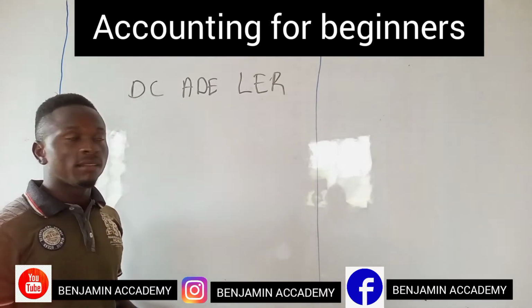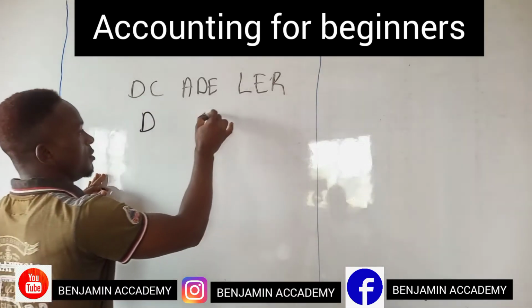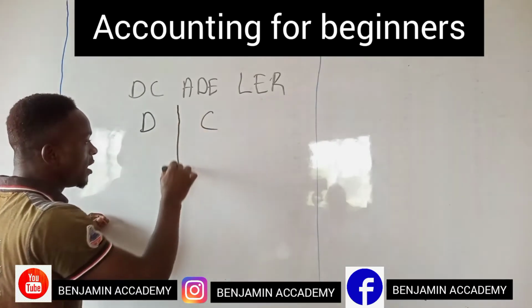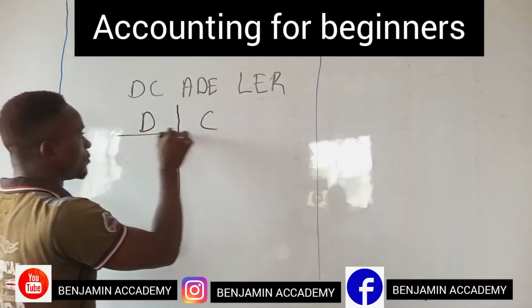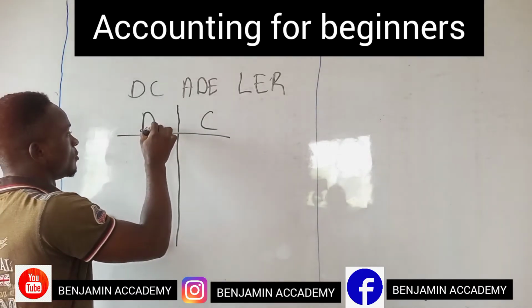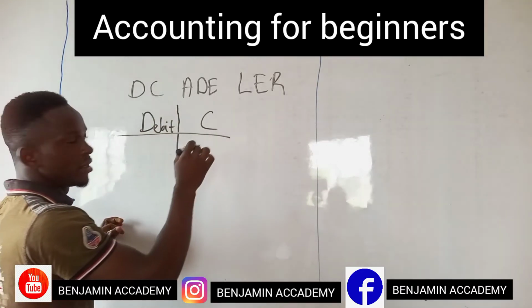Now, this is the way you classify them. D, C. Put a line. The D stands for debit. C stands for credit.